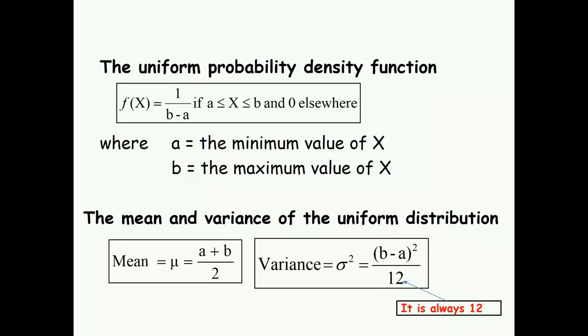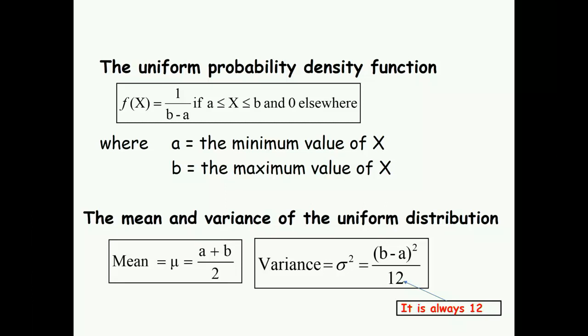So this is also additional information. That is how to calculate the mean. This information is given. A is 120, B is 140, so 120 plus 140 divided by 2 gives 130. This is always 12 in the variance. So you see, anything outside this interval, A and B, would be 0. 119 is 0, 141 is 0.